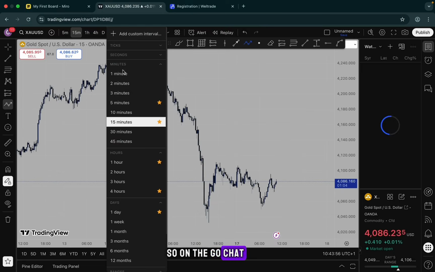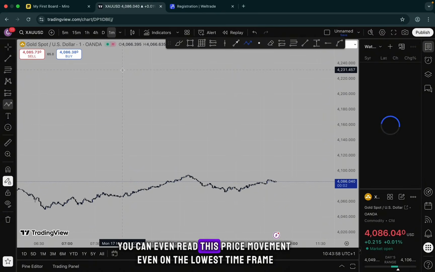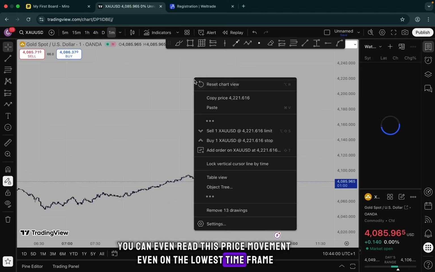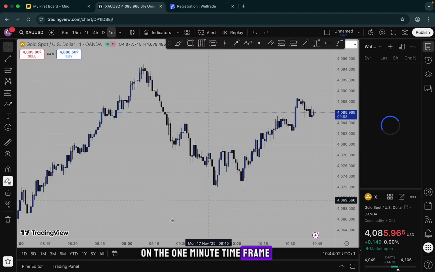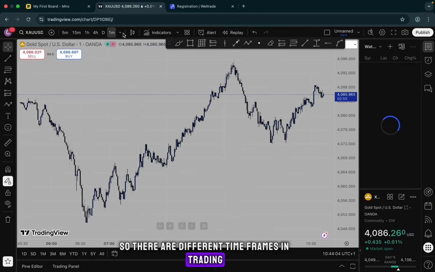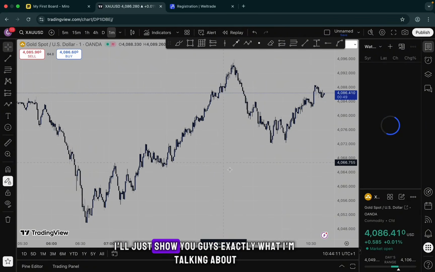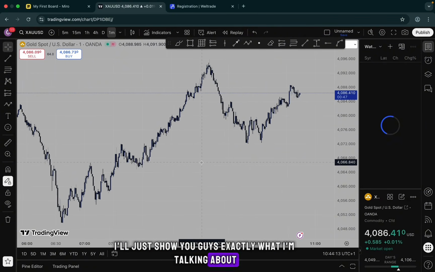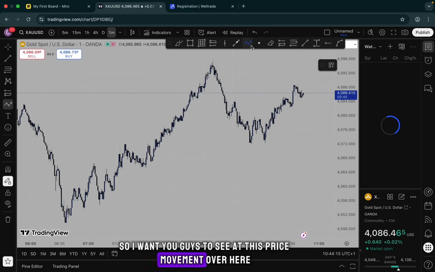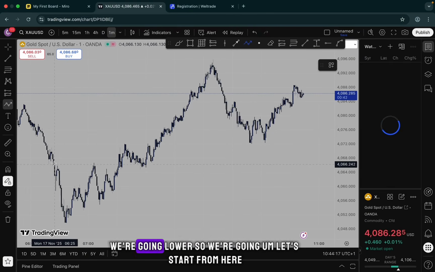So on the gold chart, you can even read this price movement on the lowest time frame, the 1 minute time frame. There are different time frames in trading. This is the 1 minute, this is the 3 minutes, 5 minutes, and I'll just show you guys exactly what I'm talking about. I want you guys to see this price movement over here. We're going lower, so let's start from here.